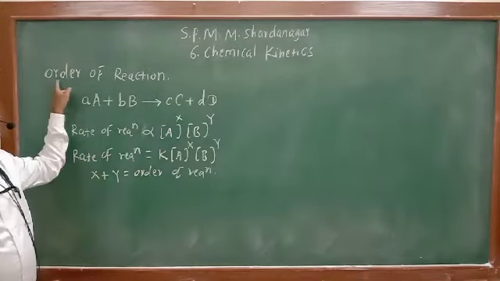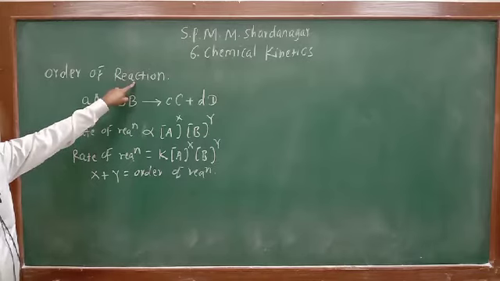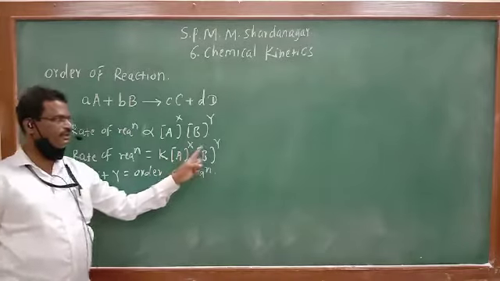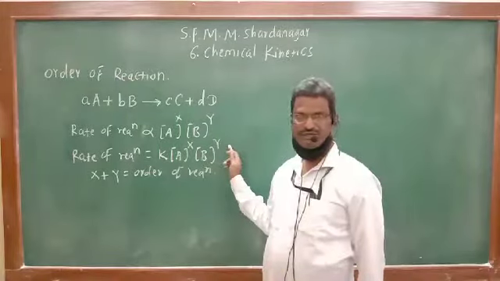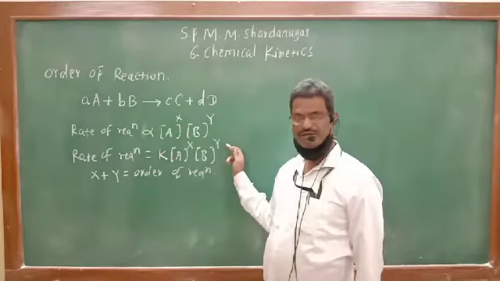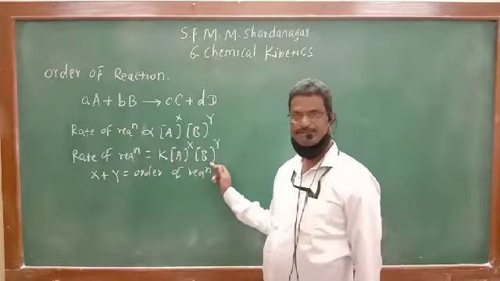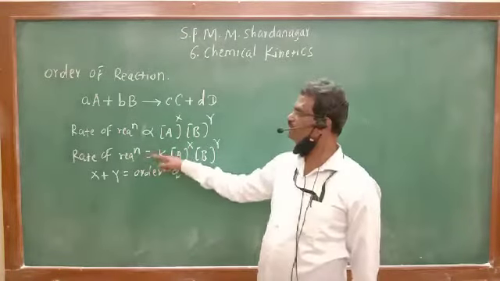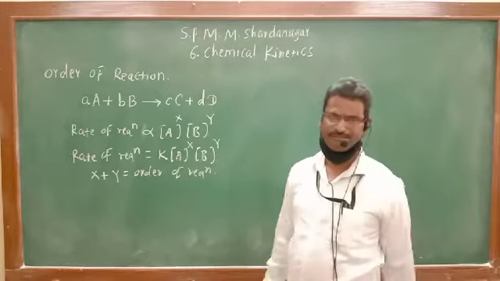You got it? Order of reaction is the summation of exponents x and y, that is, the summation of powers of concentration of the reactants in the rate law equation.